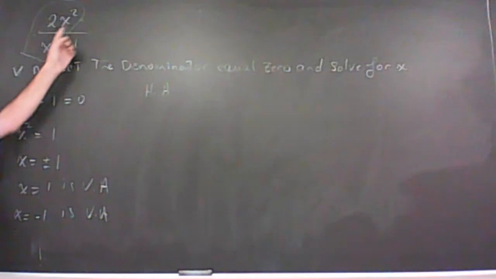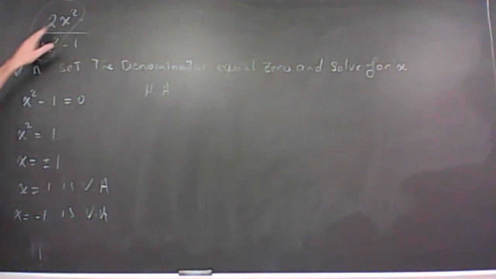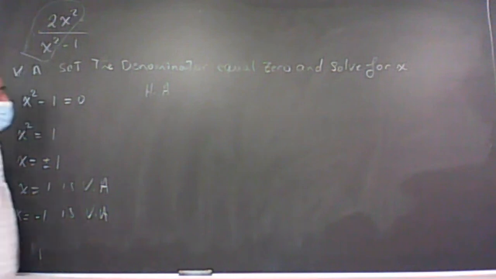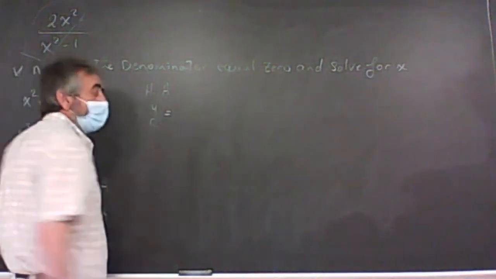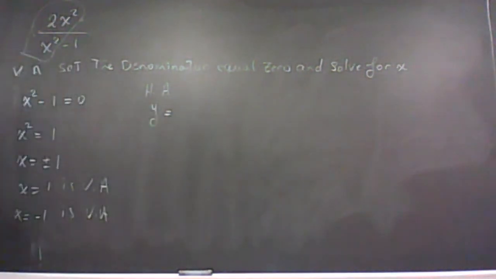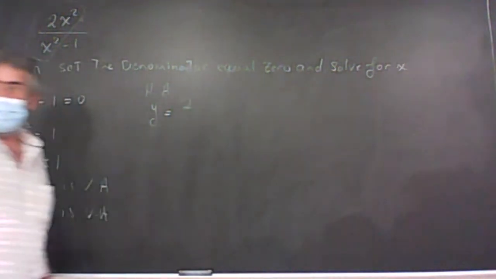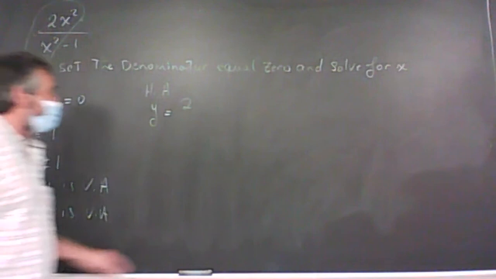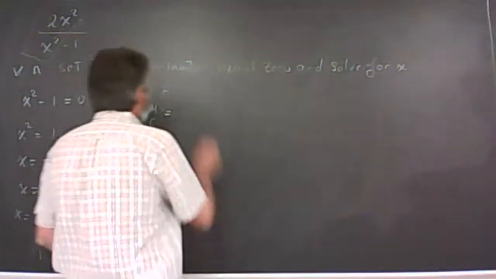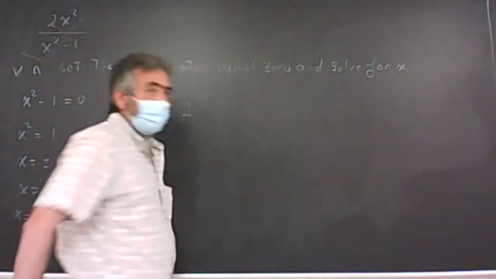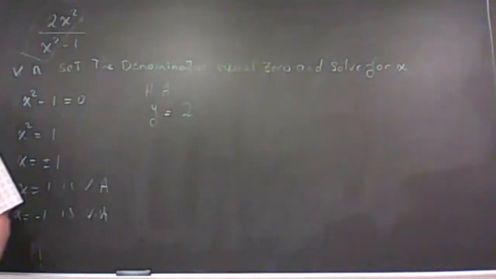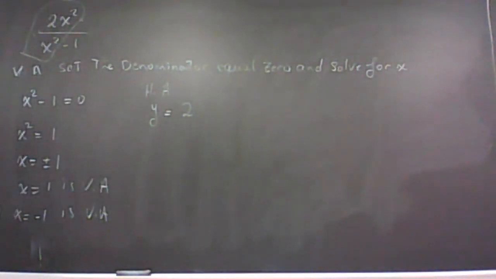If they are equal, then I only look at the coefficients. y equals, what's the coefficient on top? 2. Divided by, what's the coefficient on bottom? 1. So 2 over 1 is 2. So y equals 2 is your horizontal asymptote. Clear on that?